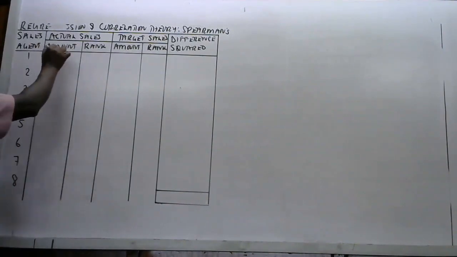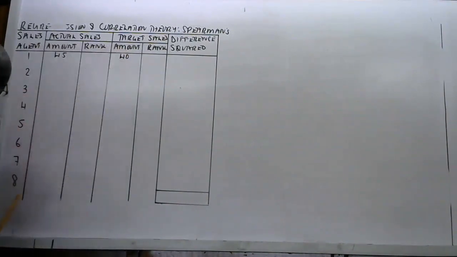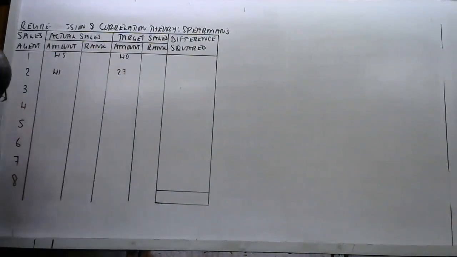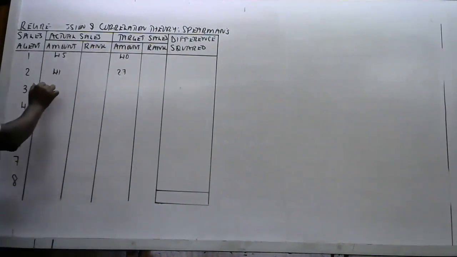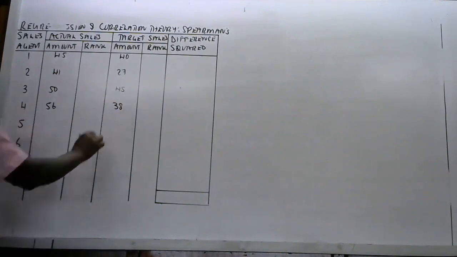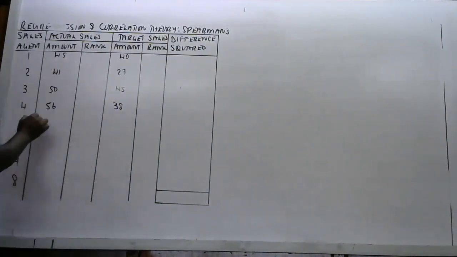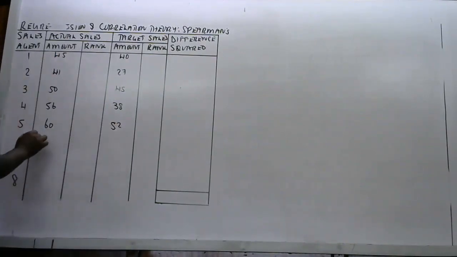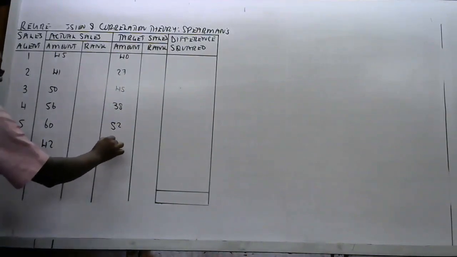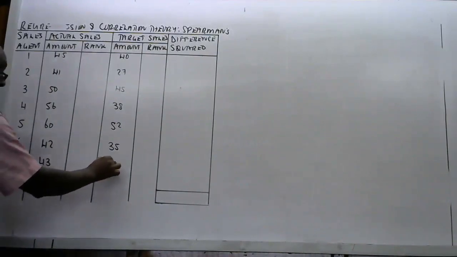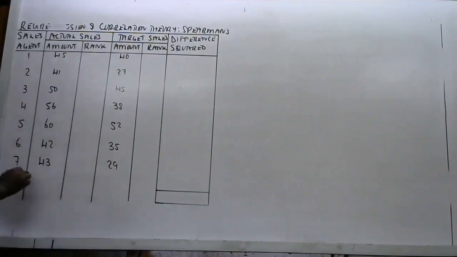Five, 40, 41 and 27, 50 and 45, 56 and 38, 60 and 52, 42 and 35, 43 and 29, and 52 and 44.